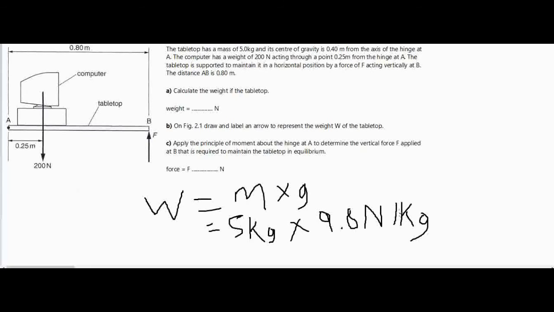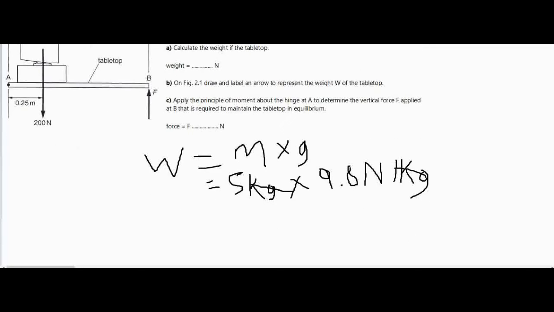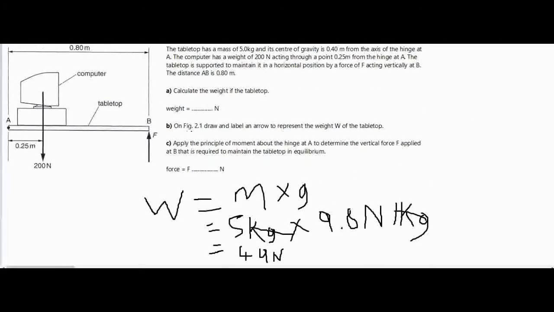Of course, kilogram cancels out, and so we are left with 5 times 9.8, which gives us 49 newtons. So of course we know that the weight of the desktop is 49 newtons.